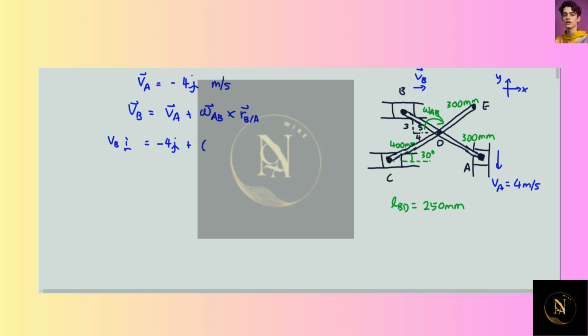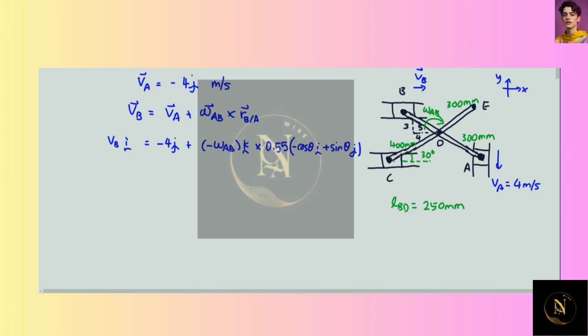So this will be minus omega AB k cross, then our position of B relative to A, which is equal to 0.55 times minus cosine theta i plus sine theta j.